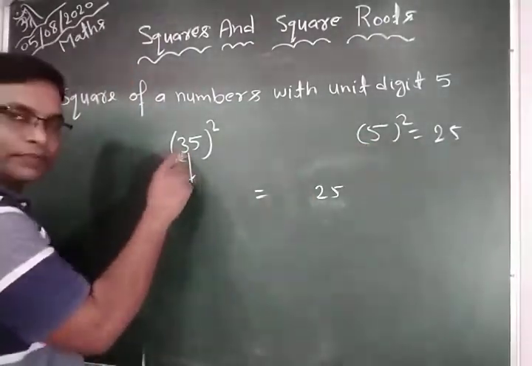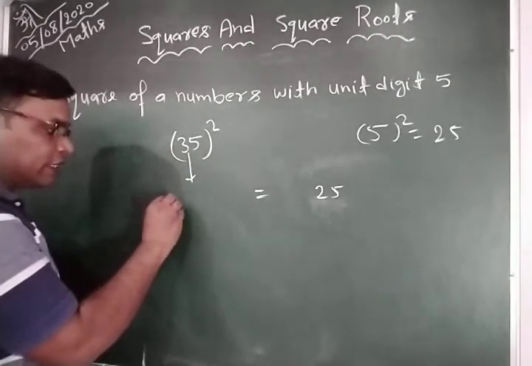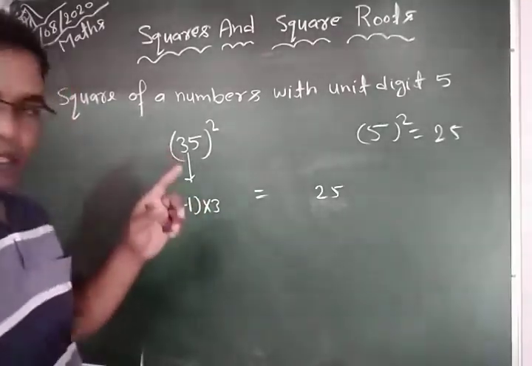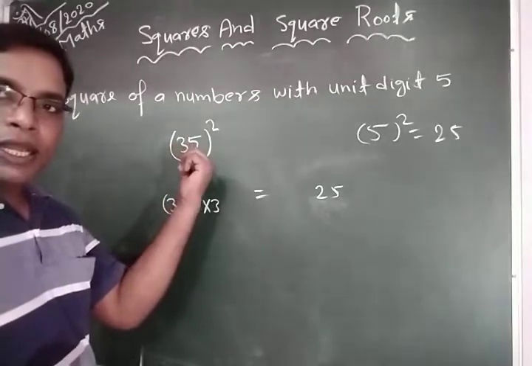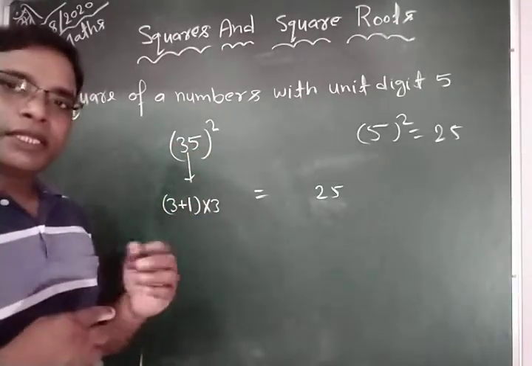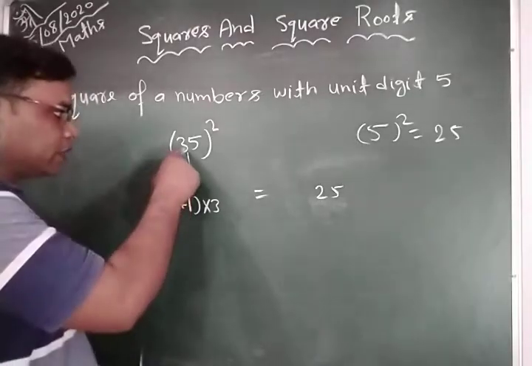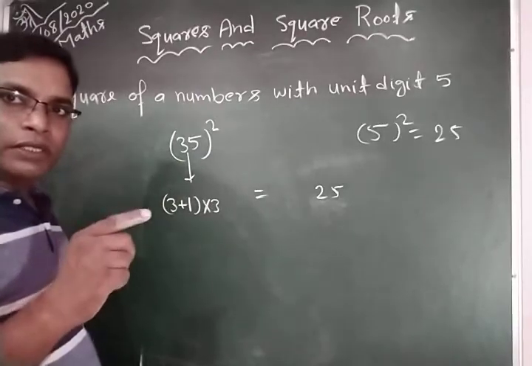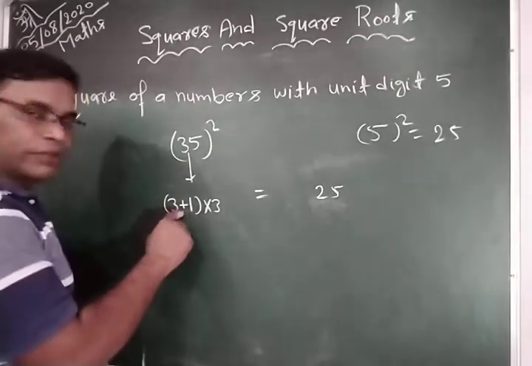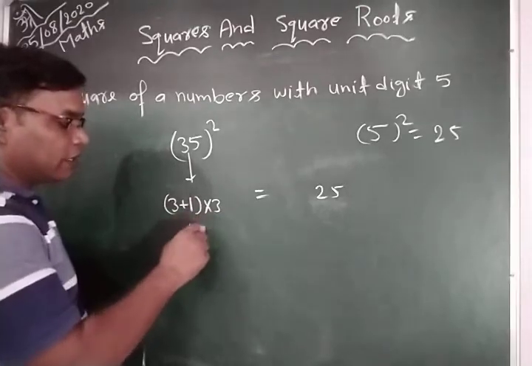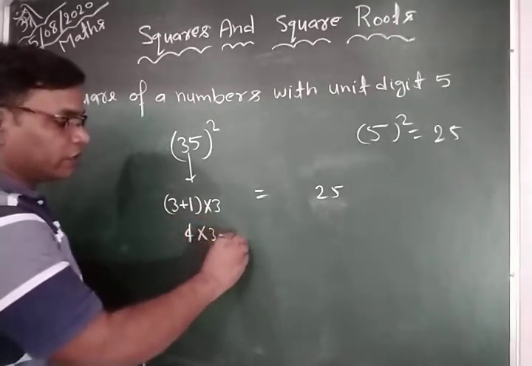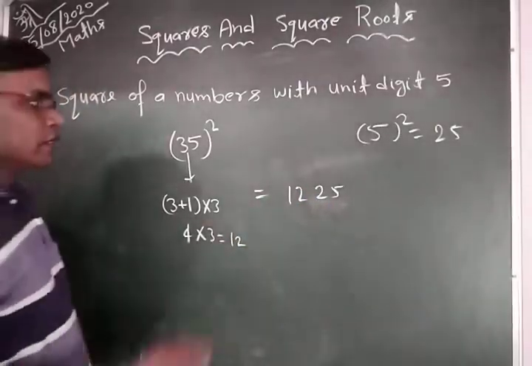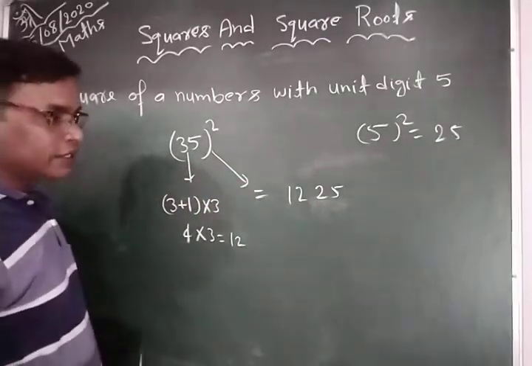After this is 3, so we take the product of 3 plus 1, into 3. It means we add 1 to the tens place digit and multiply that by the digit. So 3 plus 1 is 4, and 4 multiplied by 3 is 12. So we write 12 here. This is the square of 35: 1225.